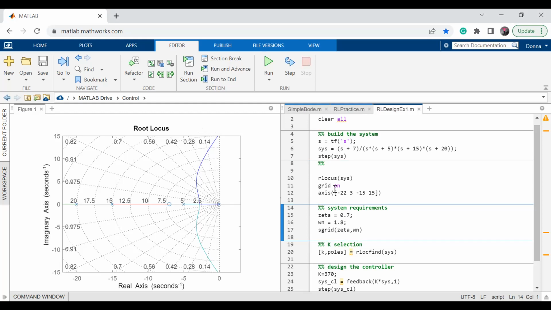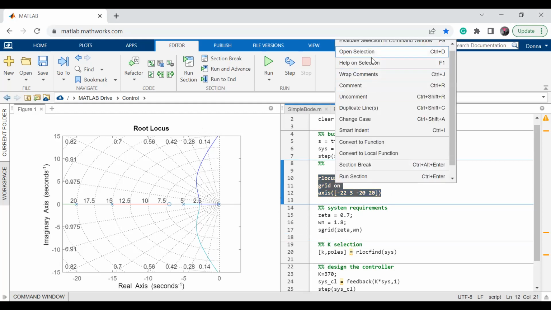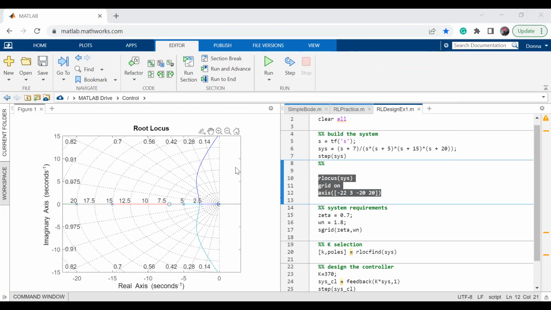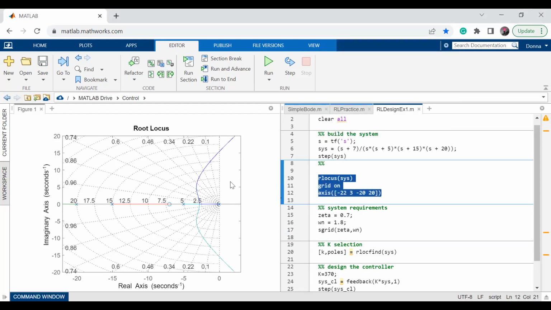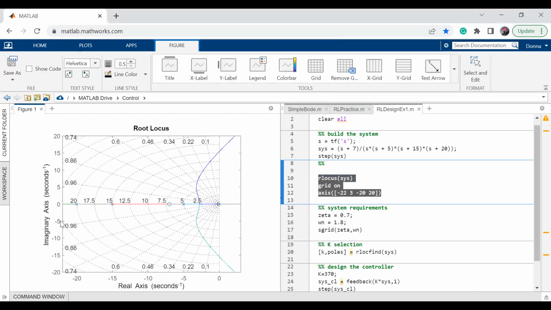If I change the axes, you see that for some values the system would be unstable. So we expected to see some sort of instability in this.